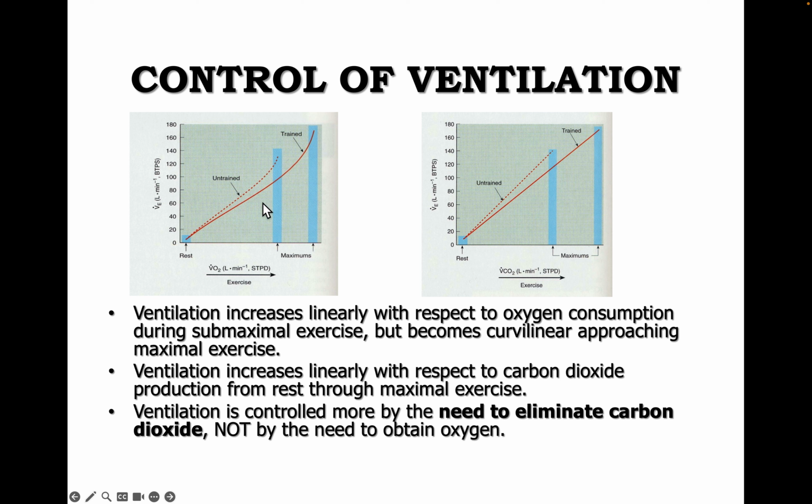For example, if we're running at 100%, the fastest speed that an untrained aerobic runner can run at, versus a trained runner, that untrained runner is going to breathe a lot more air in and out on the left side here, compared to the trained runner. And that should make sense, because the aerobically trained runner is better able to use their body efficiently to exercise. Therefore, they don't need to consume as much oxygen because they are more efficient with the oxygen they actually consume.